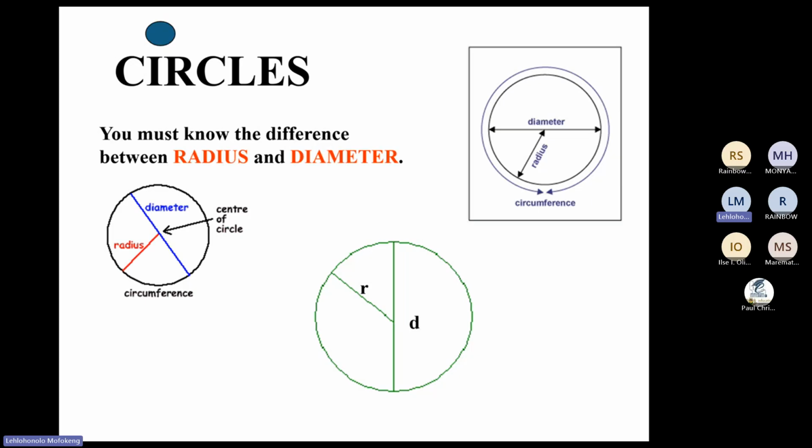And then I also talked about the center of the circle. The center of the circle is the point which is equidistant from each and every point on the circumference of the circle. Right, so I think it is very important that we acclimatize with the terminology because we are going to need it.